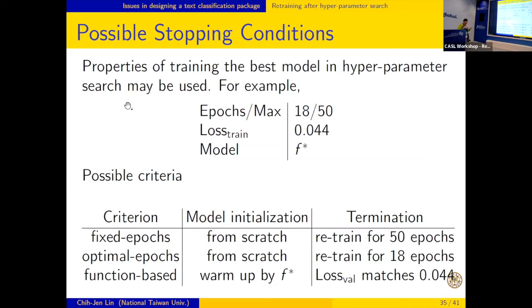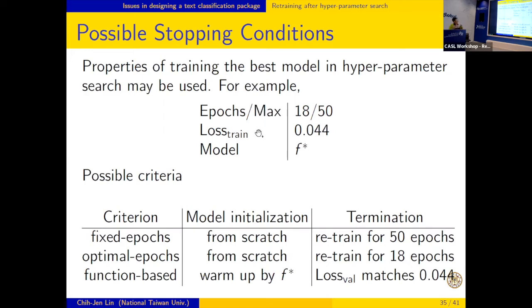But of course, we can develop some possible stopping conditions for such a situation. Basically, we want to use properties of training the best model in the hyperparameter search, and use such properties for our stopping conditions.